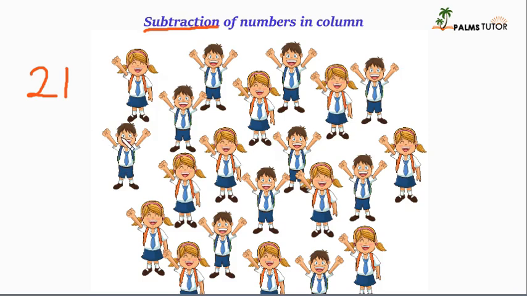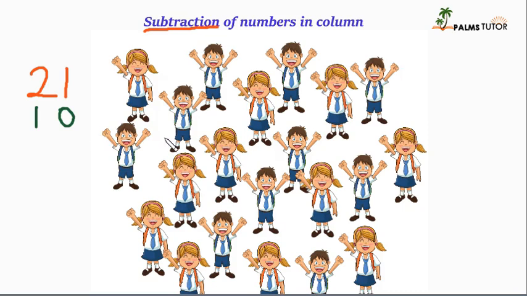Out of the 21 pupils in his class, there are 10 boys. How many girls do we have in Musa's class? If we have 21 pupils in his class and there are 10 boys, how many girls do we have in the class?